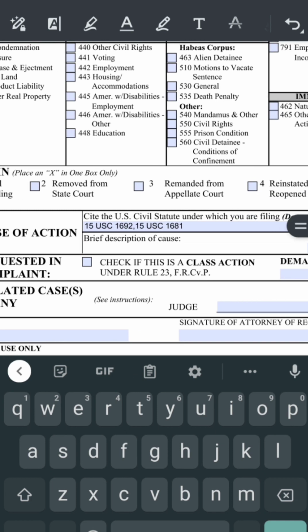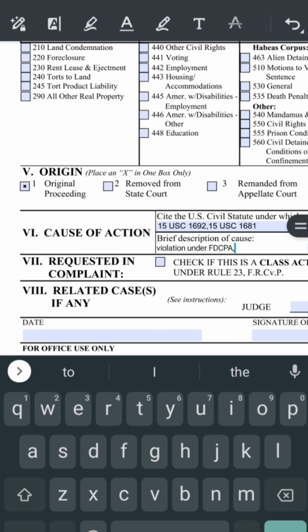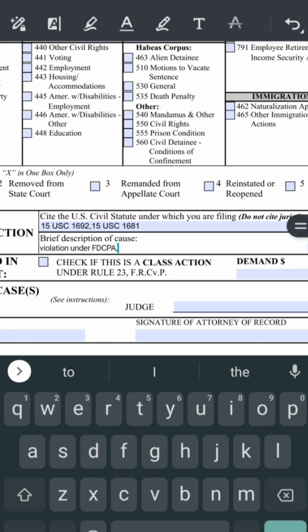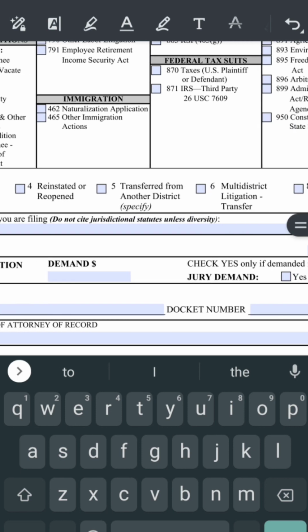Now brief description, violation under FDCPA or whatever. Depending, it could be breach of contract and so on. But like I said, we're just keeping it short, sweet, and simple. This is just a dummy run through. Requested in complaint, check this class action.